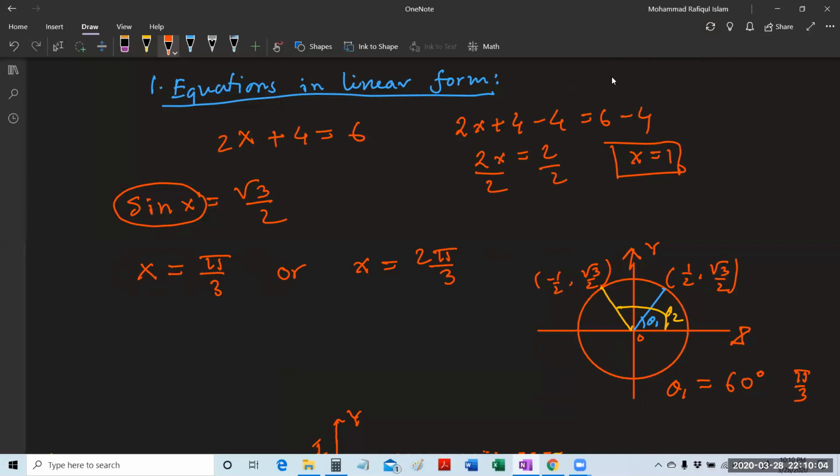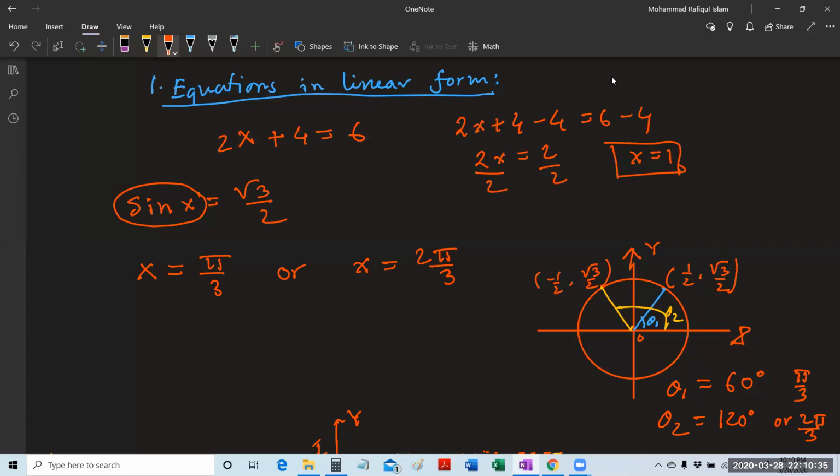The second angle here, theta 2, is 120 degrees or 2 pi over 3. So we already know that these two angles give us sine x equals root 3 over 2. If x equals any of these values, then we'll definitely get sine x equals root 3 over 2. However, there are actually infinitely many solutions to the equation.